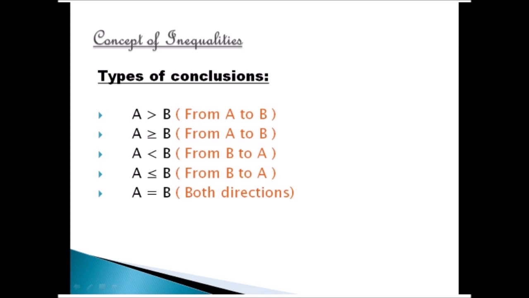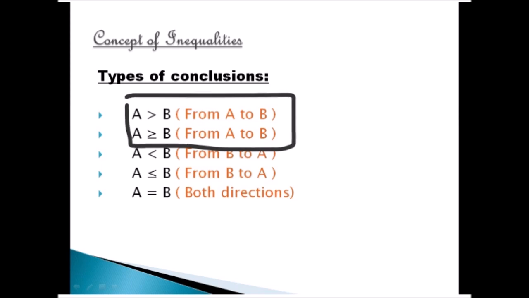So there are basically 5 types of conclusion. First is from A to B, and second is also from A to B. Normally in inequality we say A is greater than B, A is greater than or equal to B. For both of these structures we will say from A to B. A is the starting point and B is the destination point.